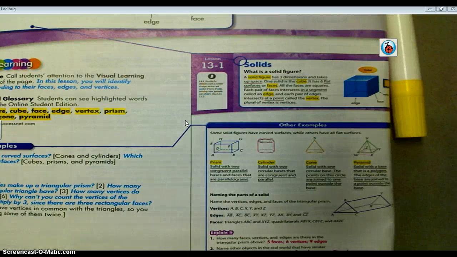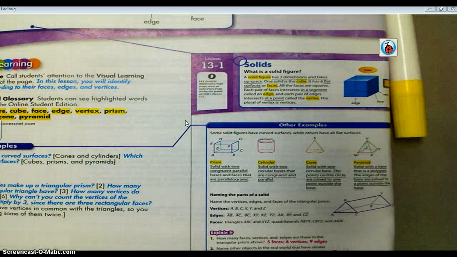Okay, so talk to someone next to you. Tell me the difference between a prism and a pyramid. It's super parallel. This always has a vertex. They each have parallel lines, and this one has parallel lines everywhere.